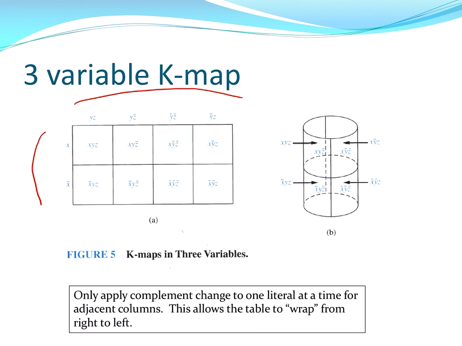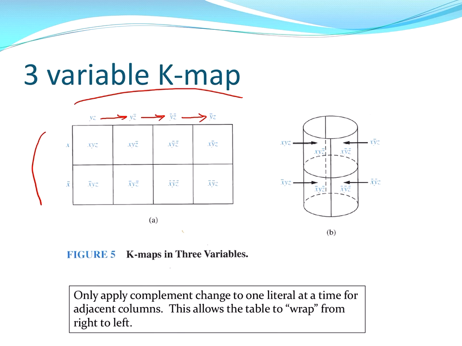From the first column to the second column, we change the complementation of z. From the second to the third, we change y. And from the third to the fourth, we change z again.